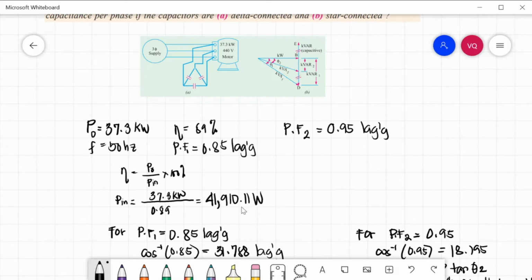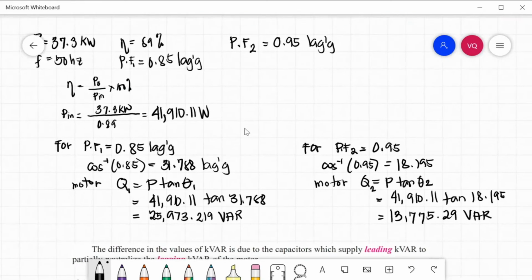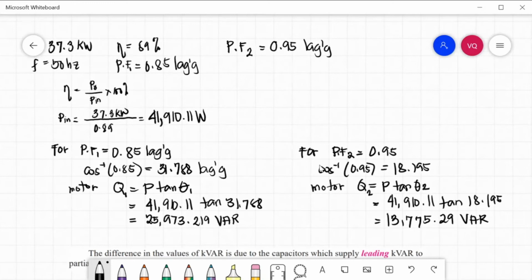That is 41,910.11 watts. We have two conditions here for the power factor 1 and also for the power factor 2. Solving the theta of the power factor 1, that is arc cosine of 0.85, that is 31.788 lagging.